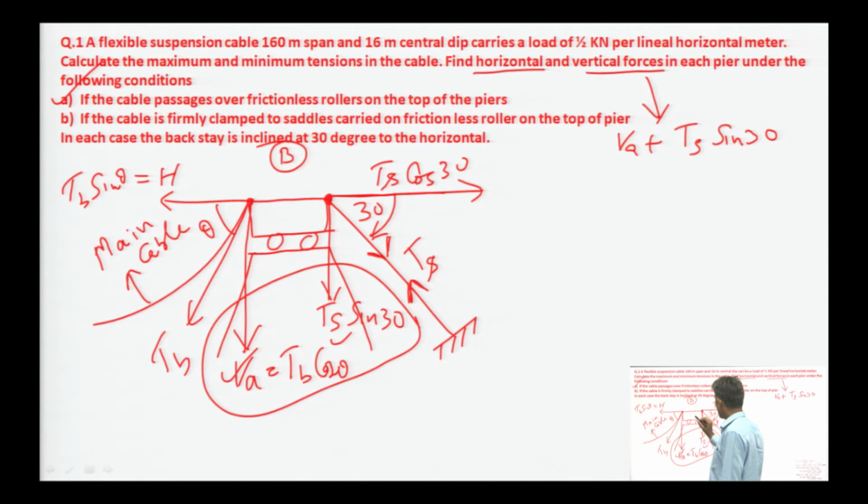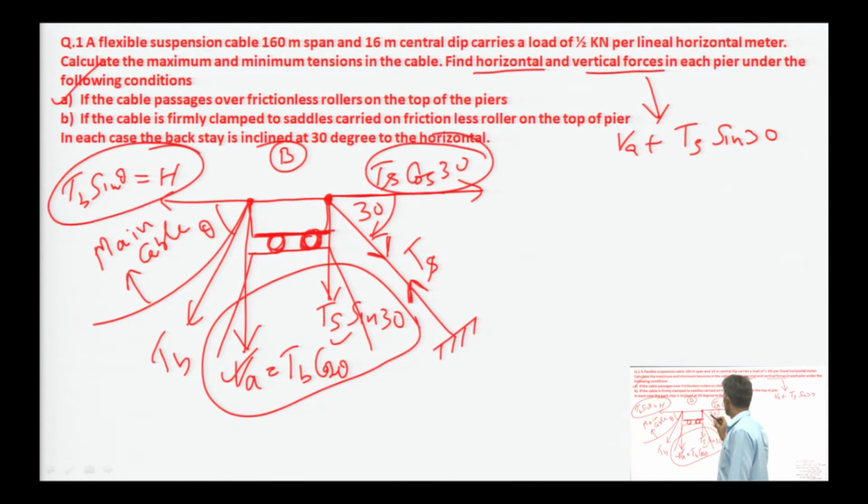That can be calculated by equating, since there is the roller support. So, the value of sigma F x will be 0, there cannot be any horizontal thrust. That is why these two values should be equal.